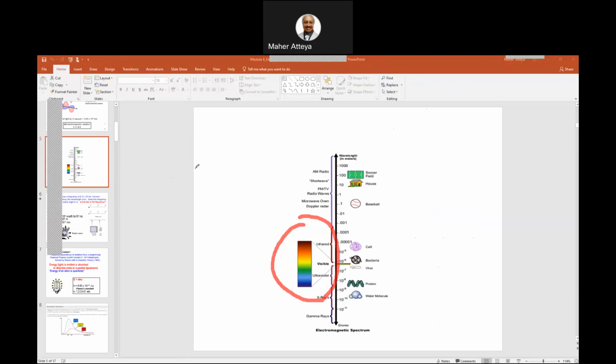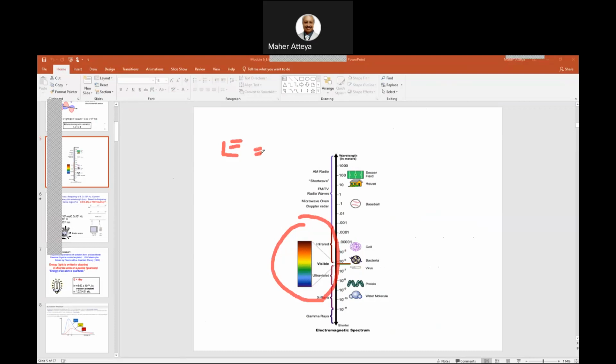The owl is the best: it can go below 400 and above 700, so its range is higher. Those can tell you about the wavelength, and the wavelength is always opposite of the energy, correct?